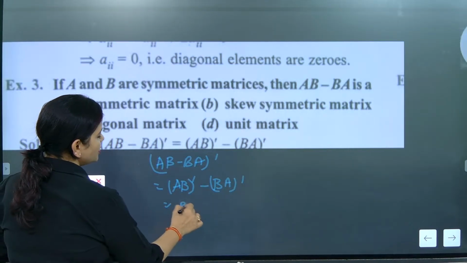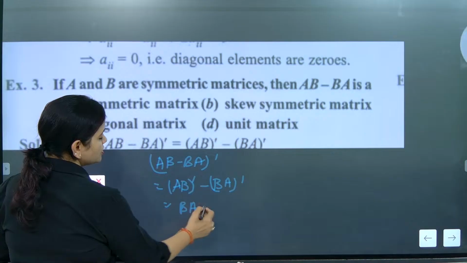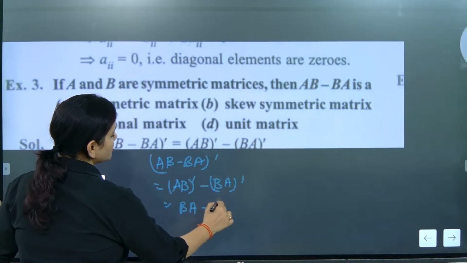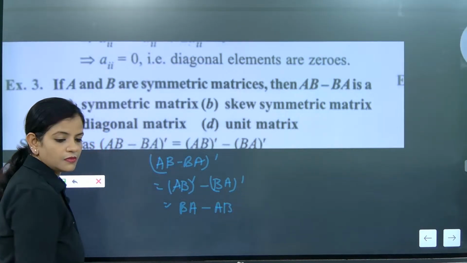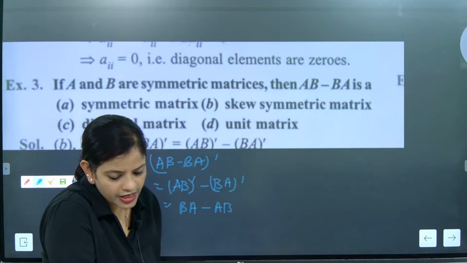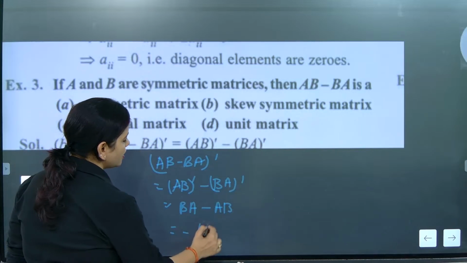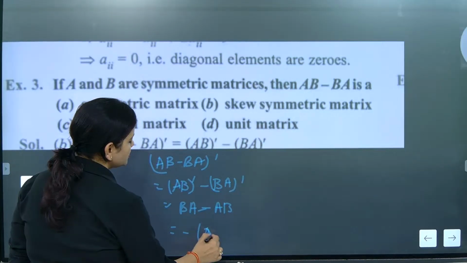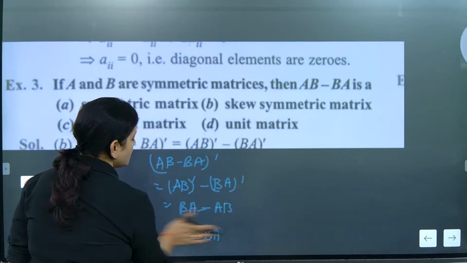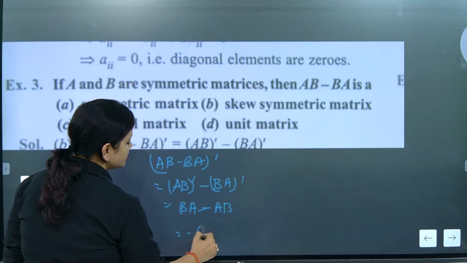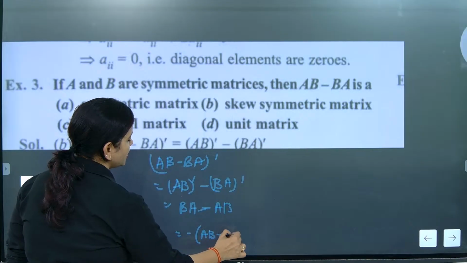The transpose of AB is BA and the transpose of BA is AB. If you take out minus, it will become AB minus BA.